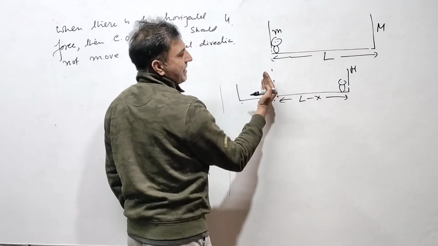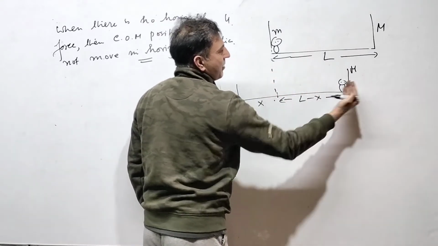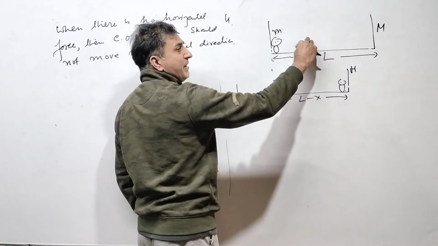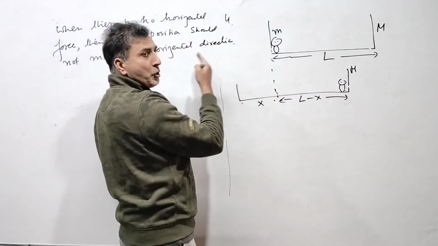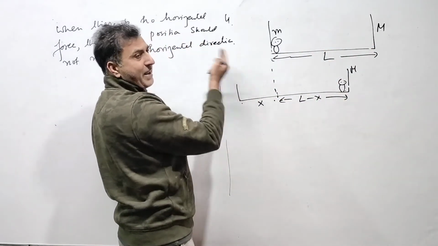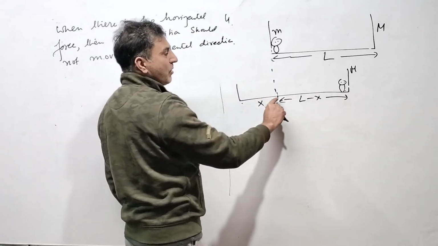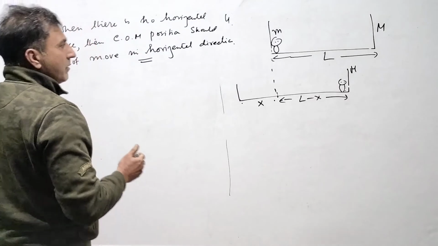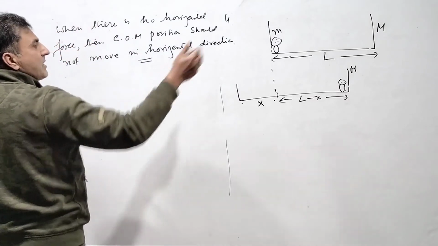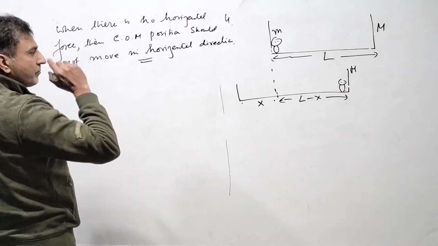It has taken its center of mass L minus x in the forward direction. In its own frame of reference, it has gone L. But for a person on the shore, he will go a distance L minus x. So how much center of mass he will take in the forward direction?